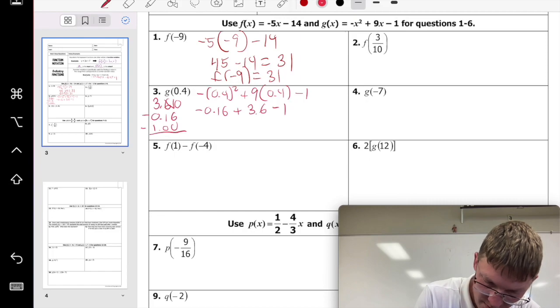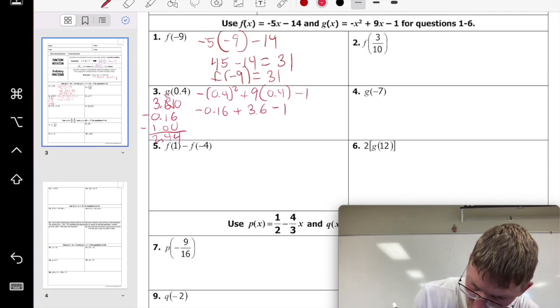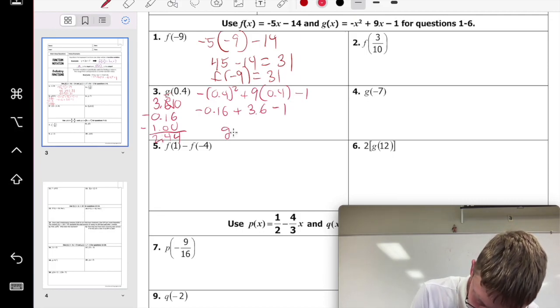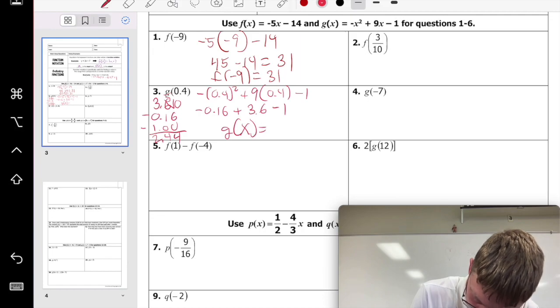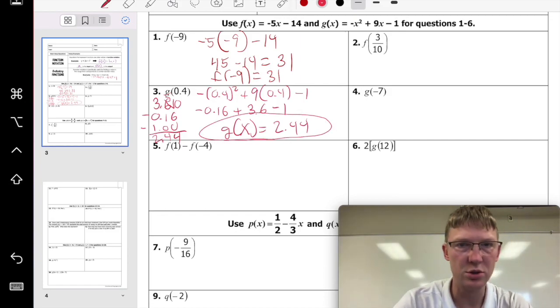Carry the 1. So that's going to be 4, and that's 5, 4 again, and then 2. So to rewrite my answer, g of 0.4 equals 2.44. Done.